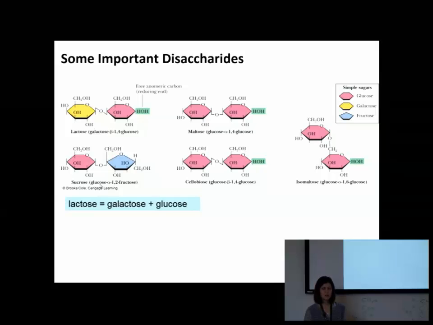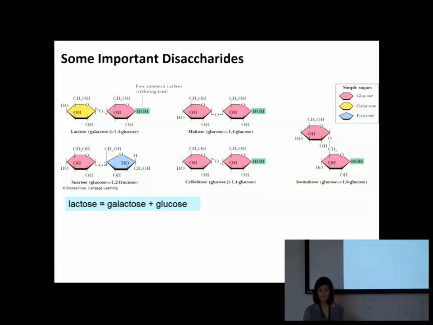If I give you the name for this test, not for the final, the final might be more than that. But for this test, it's fair game for me to say the name and you to tell me which sugars are involved and what is the bond that holds them together. So for sucrose, it is a glucose and a fructose and an alpha 1,2.